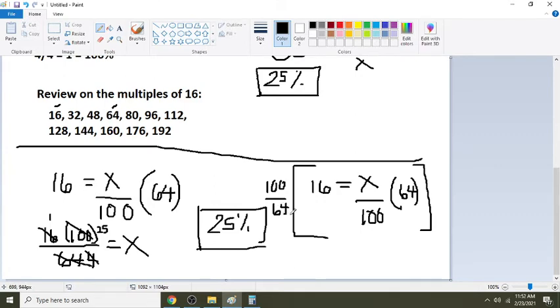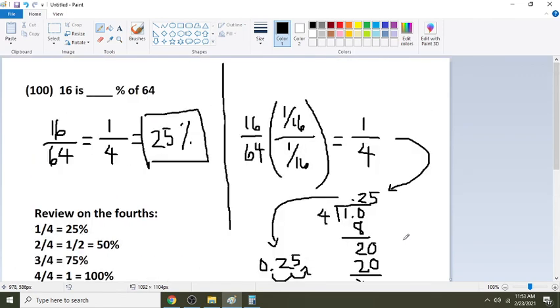In that way, the right side is cancelled, which leaves you with 16 times 100 divided by 64 is equal to x, because 100 divided by 100 would cancel and 64 divided by 64 would cancel. And that is just to explain it.